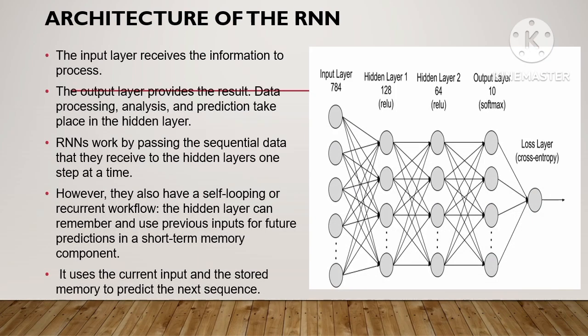Now we look at the architecture of the recurrent neural network. You usually have an input layer, several hidden layers, an output layer, and also a loss layer, which is called entropy. The input layer receives the information to process, that is where you take in your input data or sequence of input data.